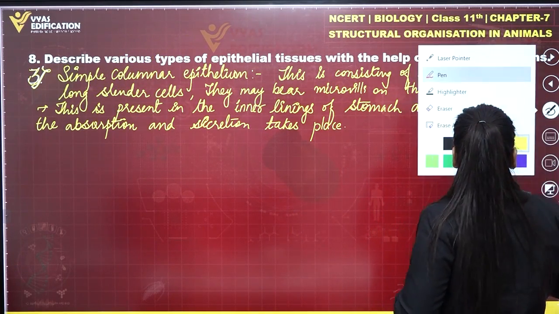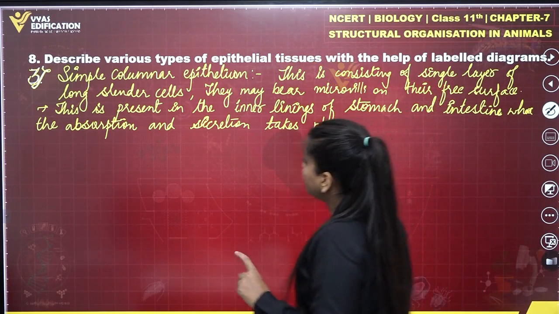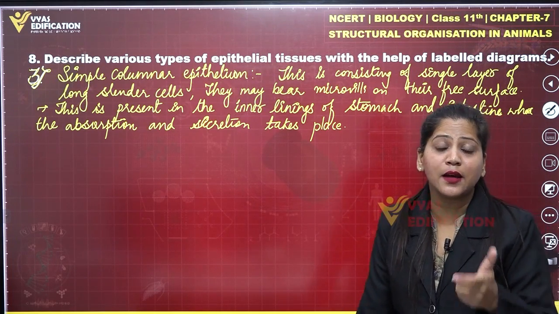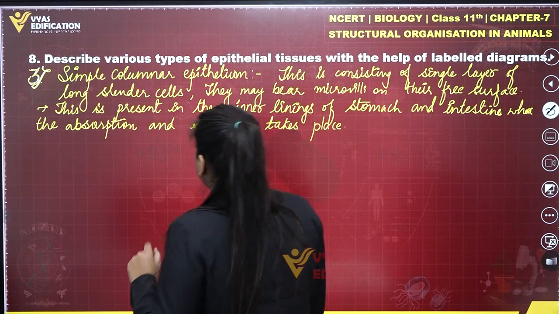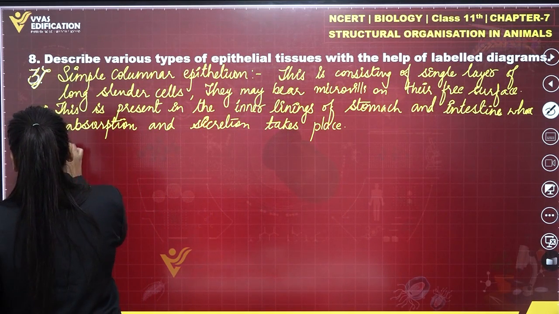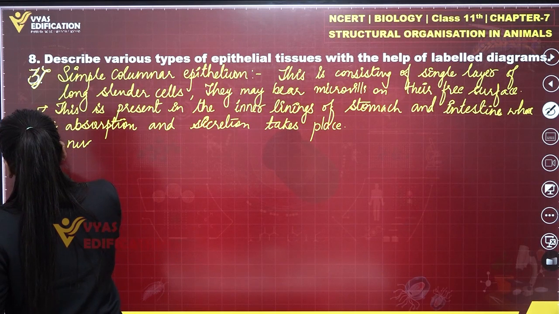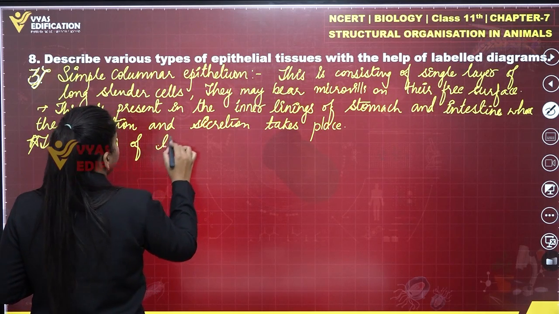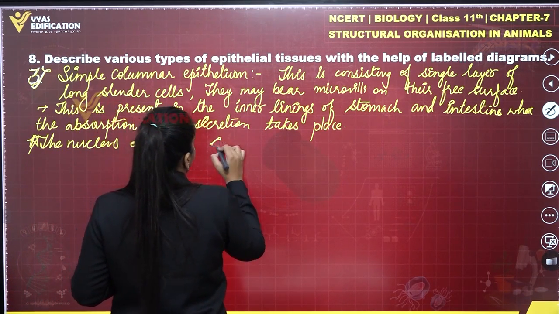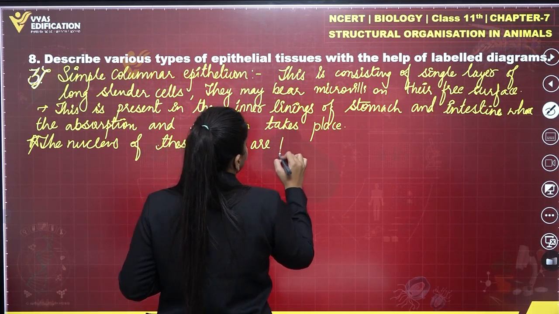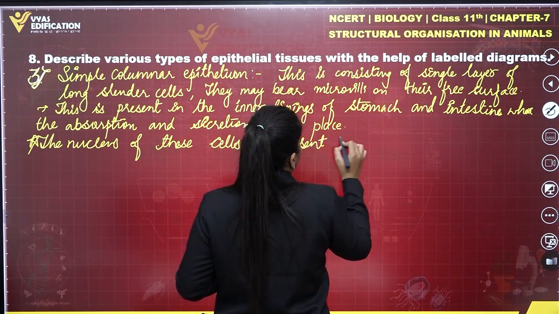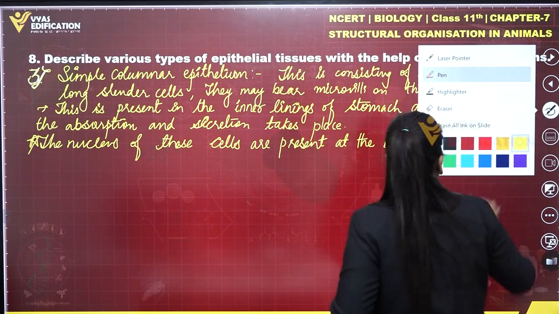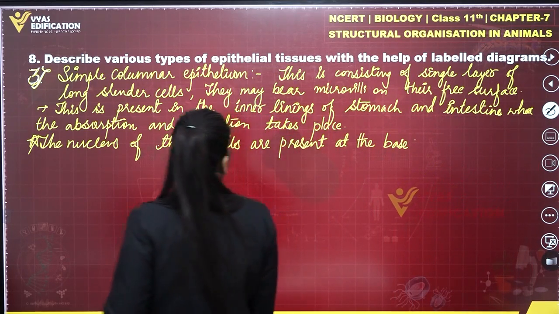Let's make a diagram for this. Also, the important thing about this is the nucleus of these cells is present at the base of the cells. We will star mark it, the nucleus of these cells are present at the base. Now let's make a diagram to show this simple columnar epithelium.